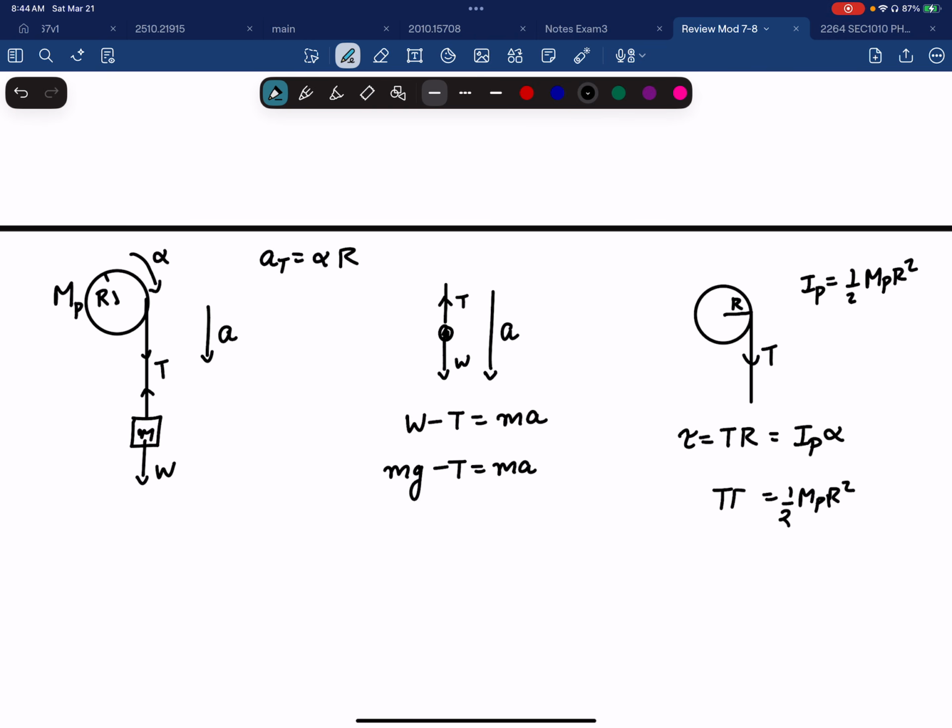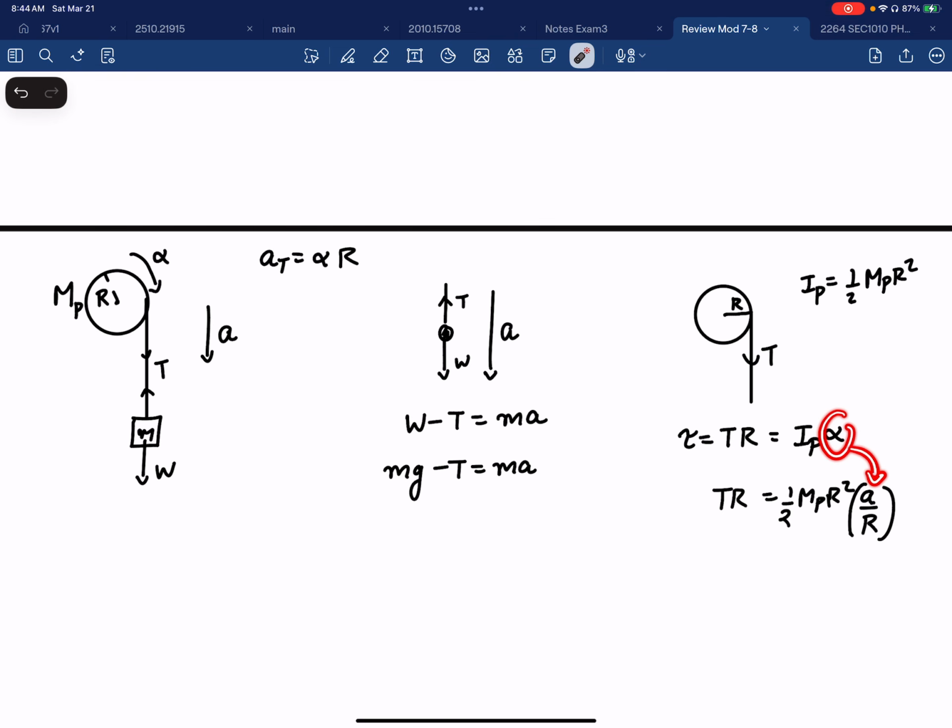And you also know what is alpha in terms of the tangential acceleration, which is a over R. Okay, so you know this is for the moment of inertia.